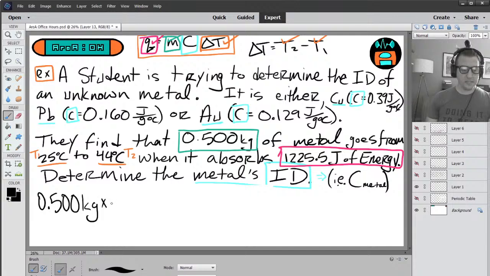0.500 kilograms. We need to convert from kilograms to grams. 1,000 grams are in 1 kilogram. Now, your calculator will tell you that the answer is 500.